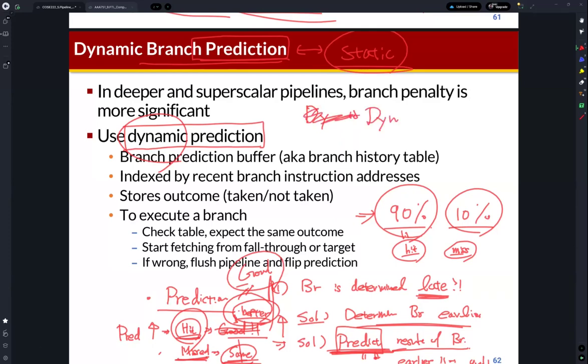The meaning is that we can predict the result of a branch instruction at runtime, by monitoring the events of branch instructions in the system.